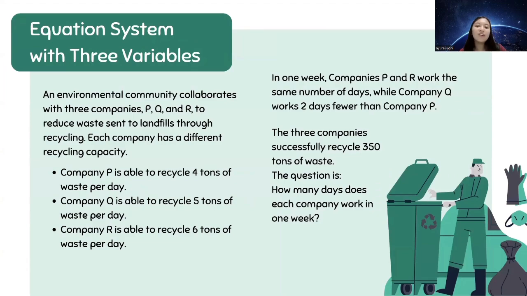Now let's continue to equation systems with three variables. In this problem, there are three companies: company V, company Q, and company R. Each company has a different recycling capacity.